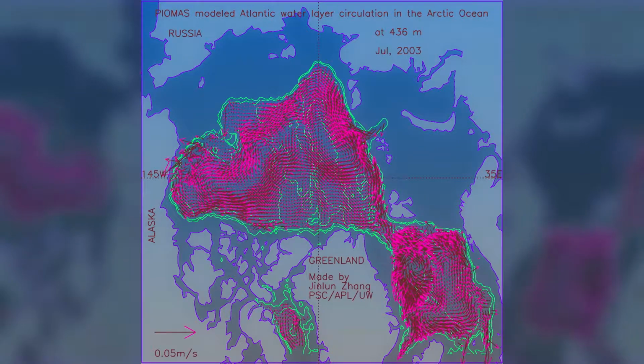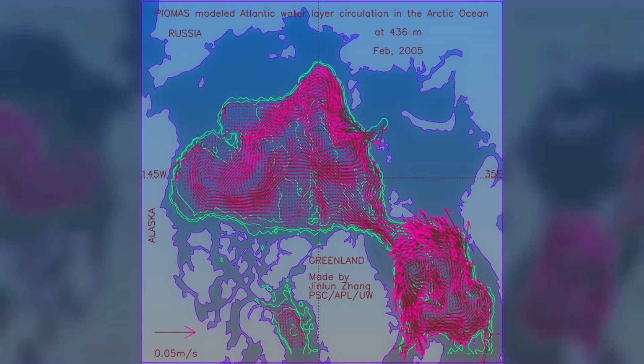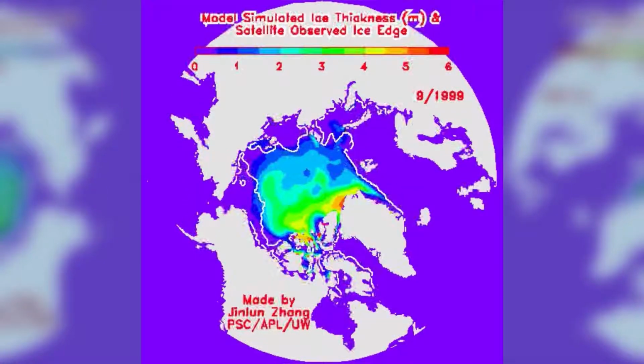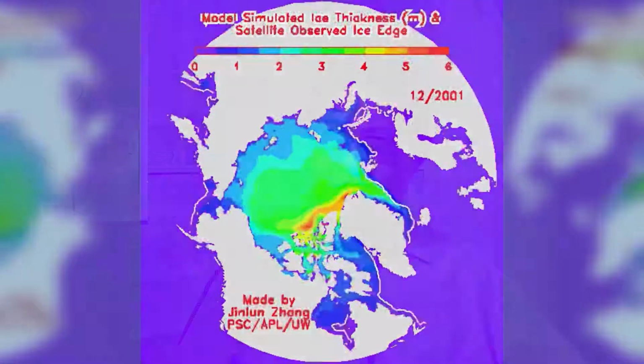This model is widely disseminated worldwide by scientists and media organizations. Now, HIOMAS is developed based on PIOMAS. It is designed to have a much higher resolution. So it is our hope that because of high resolution, HIOMAS can better serve the needs of the Coast Guard, NOAA, and other Arctic stakeholders.